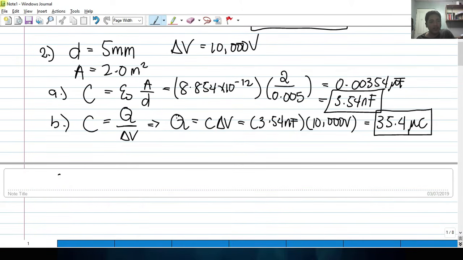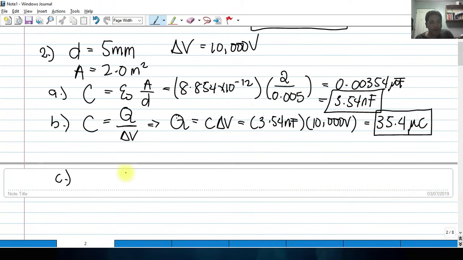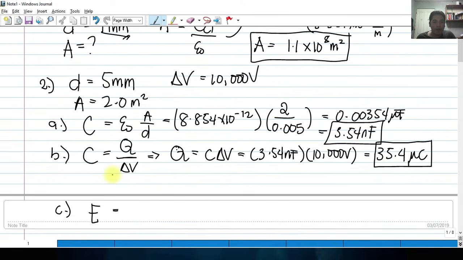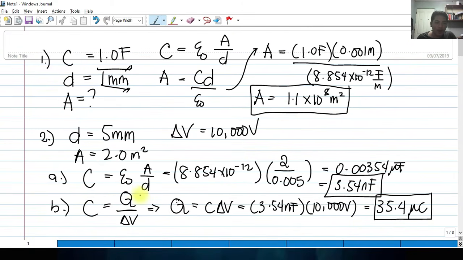Letter C, again, the problem asks for the magnitude of the electric field inside the two plates. We have the formula E is equal to Q over epsilon sub 0 A, which is our formula from a while ago.